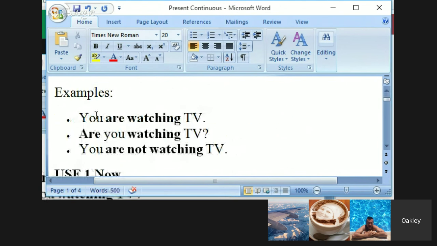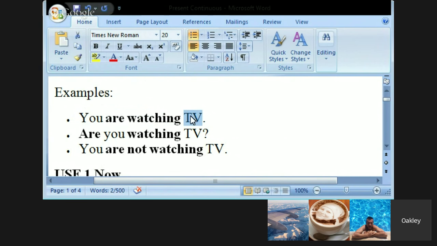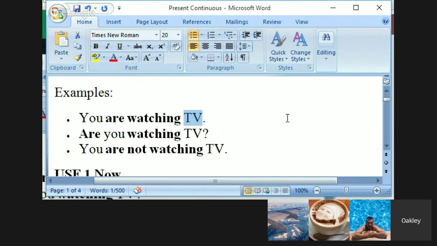So what does it look like? Like this. You, subject noun, are watching, verb construction, TV, the object noun, in a very simple example. That is it. In a question, as in all questions, actually, the first auxiliary or helper verb, this verb to be here, is known as an auxiliary.